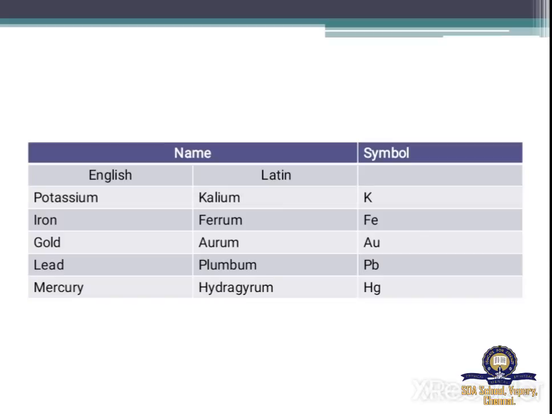Here the first and the fifth letter of the Latin name of lead is given as a symbol. And the last one is mercury, whose Latin name is hydrargyrum. Here the symbol is Hg. Here the first and the sixth letter were assigned as a symbol.